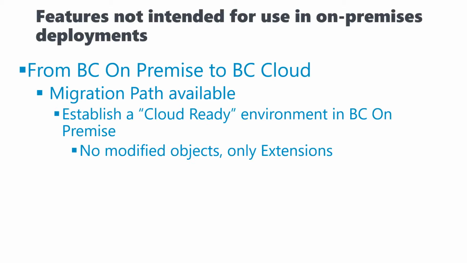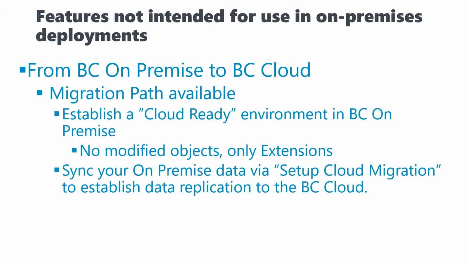What this checks is to make sure that you have no modified objects in the database. All extensions are used for add-ons and customizations. You then run a setup cloud migration process to sync your on-premise data to the Business Central Cloud replicated database.